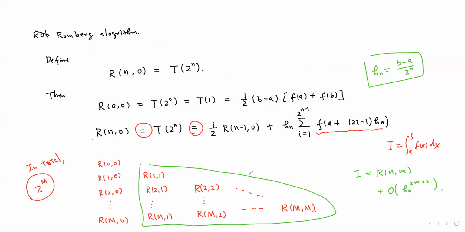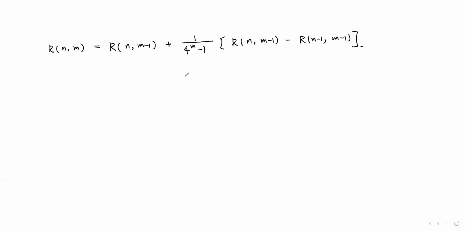So this approach is better than Gaussian quadrature. Usually Gaussian quadrature is good enough, but Romberg is better, because you can generate a formula of any order that you want.